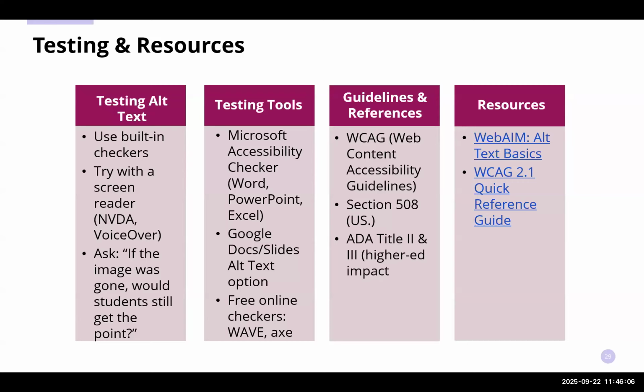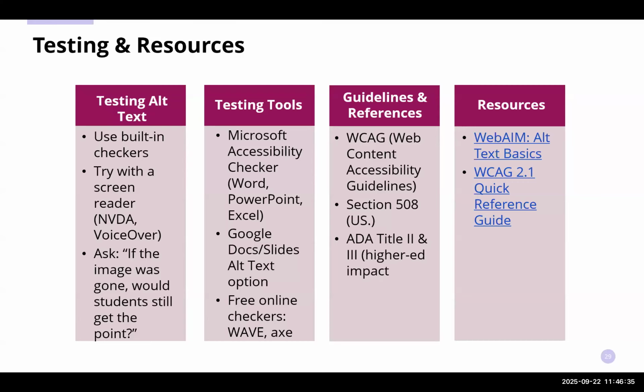Tools like Microsoft Accessibility Checker, as we already mentioned, Google's alt text features, and free browser extensions like WAVE or Axe can catch missing descriptions, so make sure to check that before you publish your images. For official standards, check out WCAG, Section 508, and the ADA if you want to deep dive.